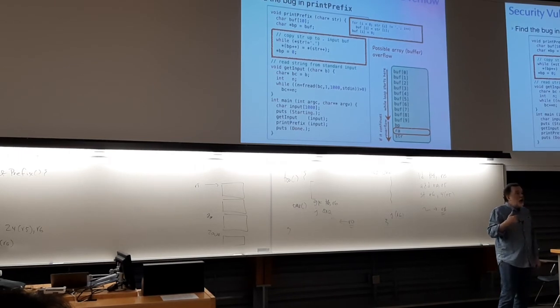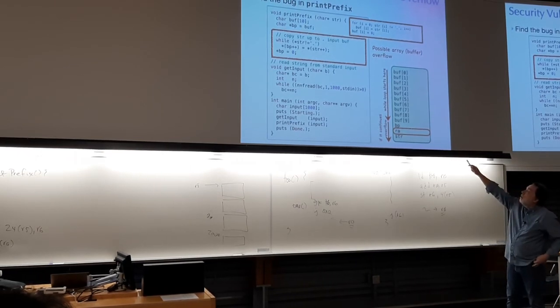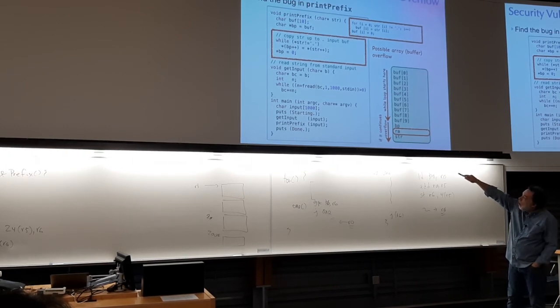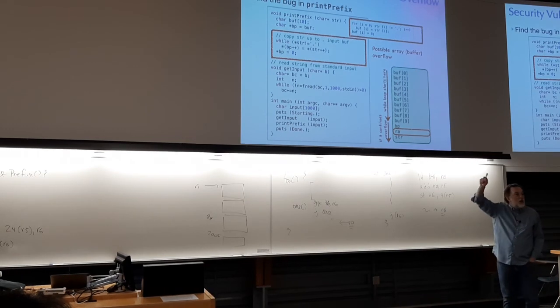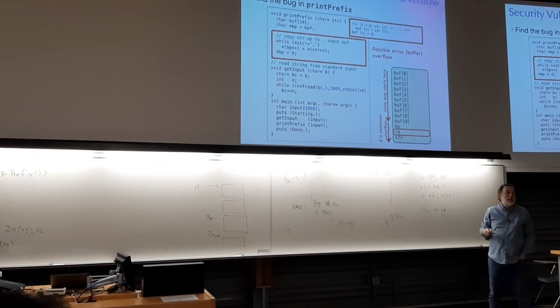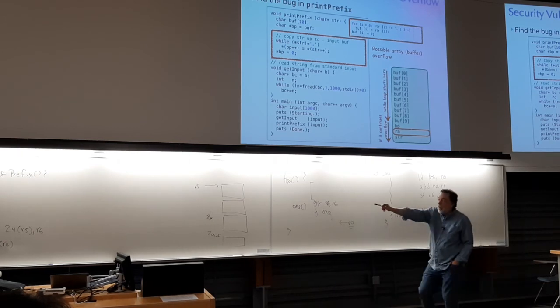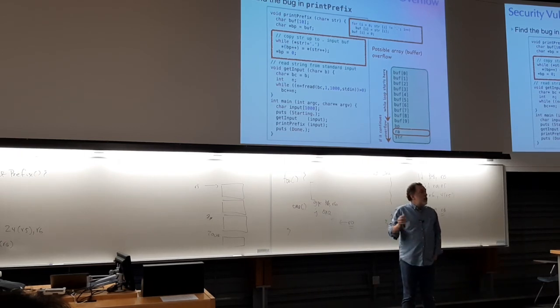The thing that calls print prefix is main. So it didn't return to main, so it didn't print none, because the only way to return to main is to have the correct value in there. This is called a stack smash.